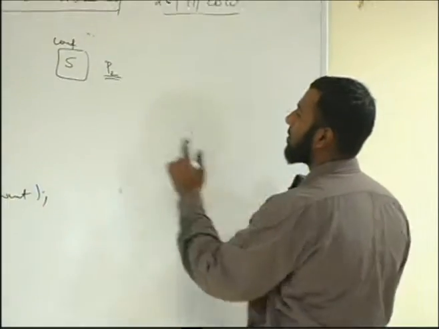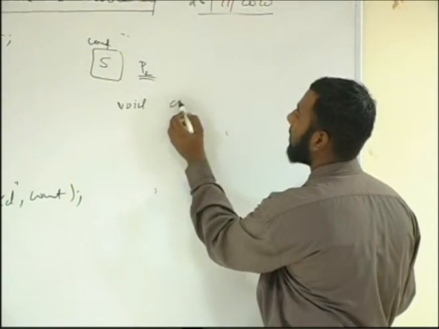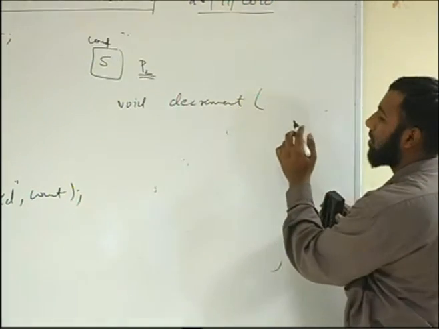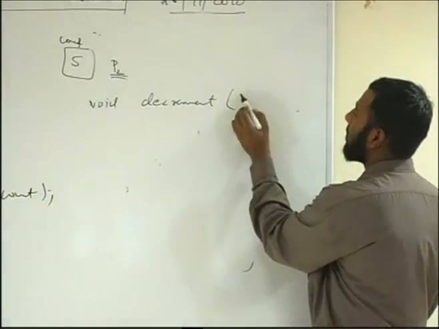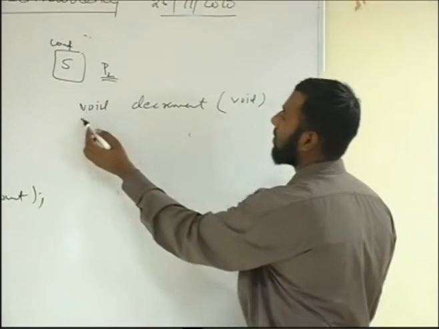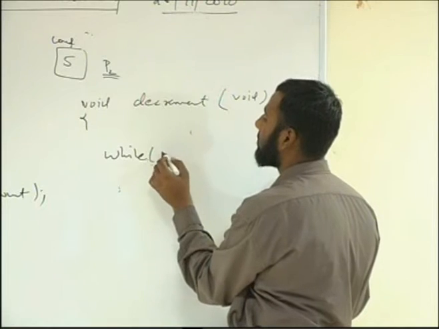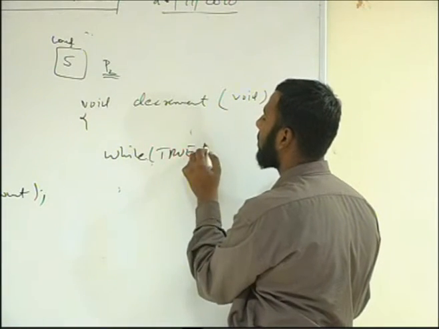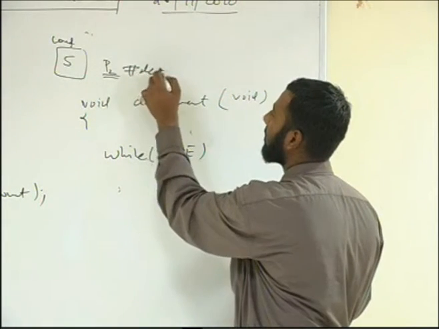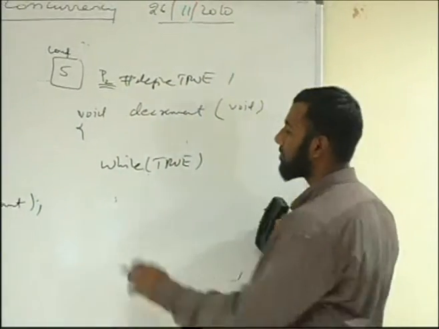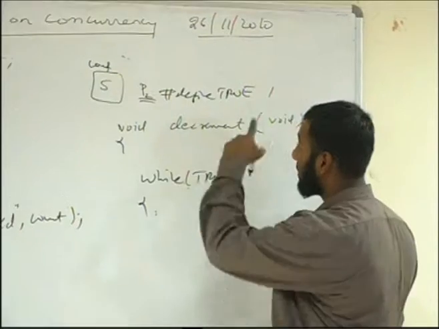And we have another process, void decrement. Now here we will have one loop, for example, while true. Here I define true to be 1, a non-zero number.